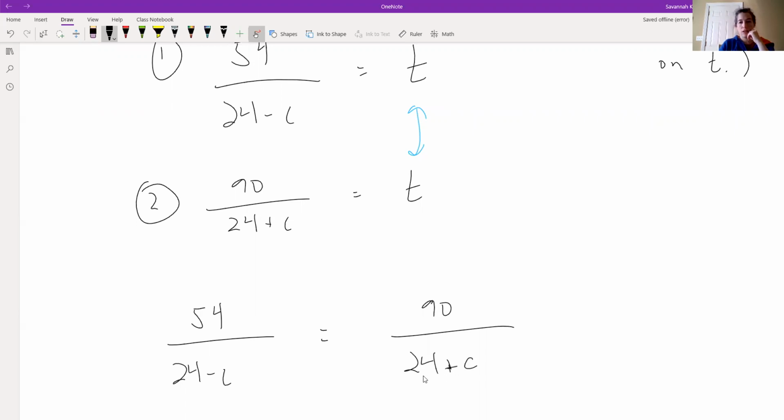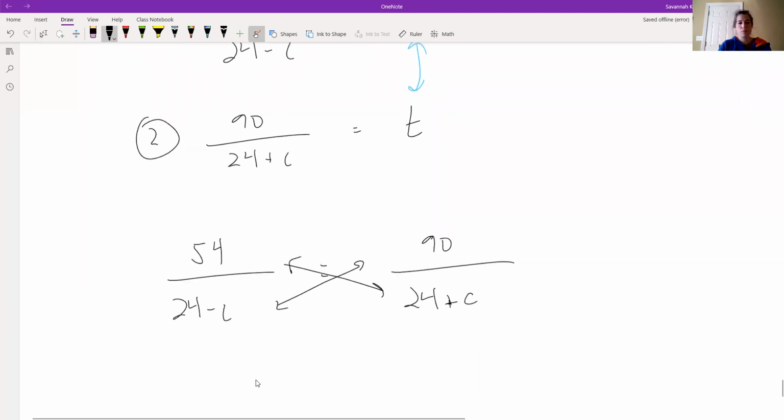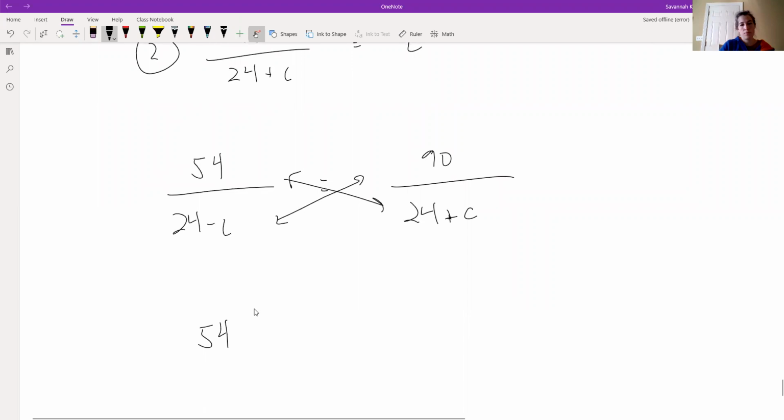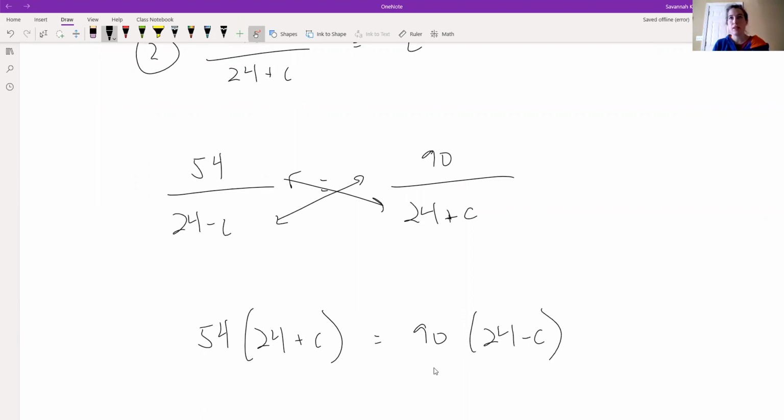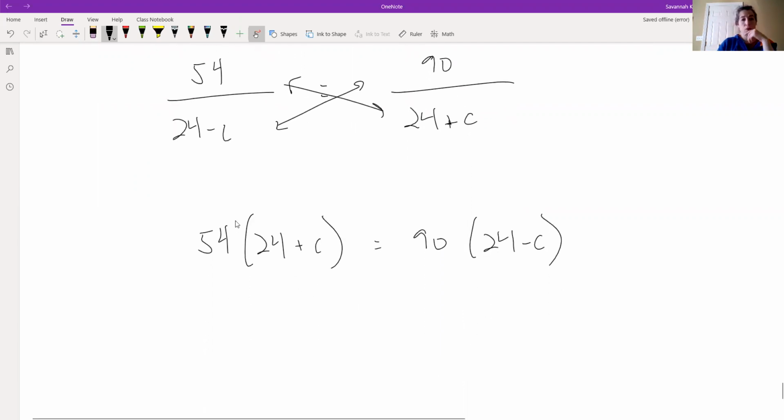Okay, and then cross multiply. And this is a case where even though we weren't able to isolate the letter we were looking for, it's actually going to work out better for us. Because we'll be left with the C for the current.